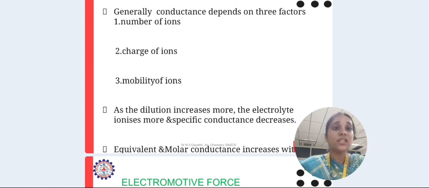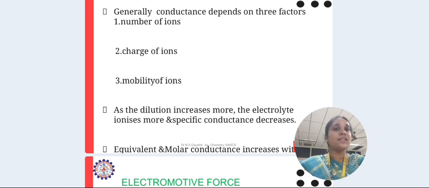As the dilution increases, the electrolyte ionizes more. The specific conductance decreases, and the molar and equivalent conductance increase as dilution increases; the specific conductance alone decreases while dilution increases.